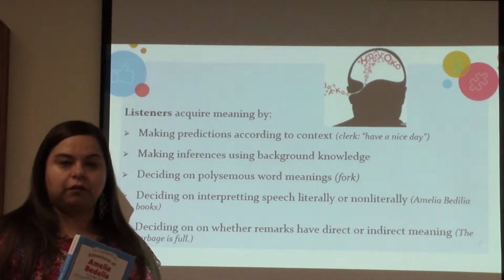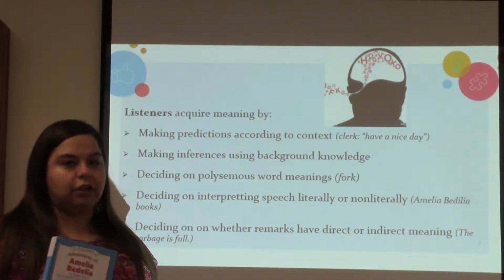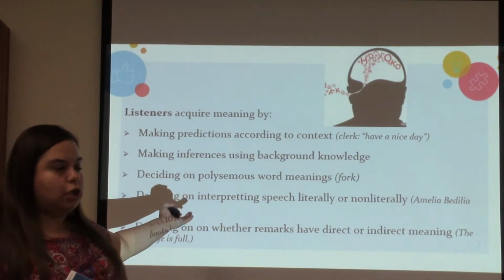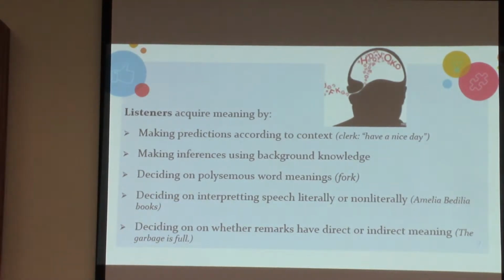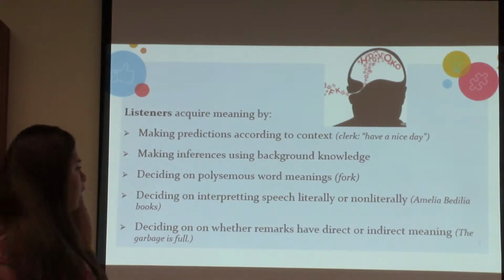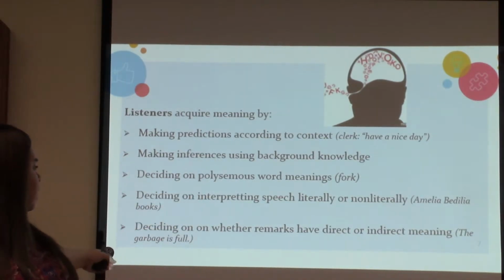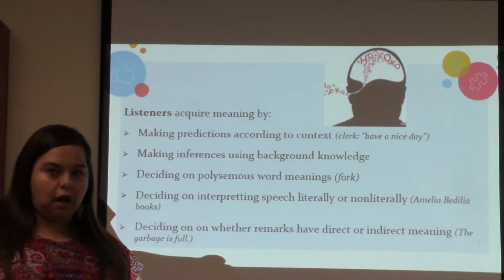I used to use them for teaching inferencing and figurative language. She's a character who just does not understand these expressions, so it's a good example for teaching figurative language and meaning. Then there's deciding whether remarks are direct or indirect, such as "the garbage is full," which has an indirect message of take out the garbage.